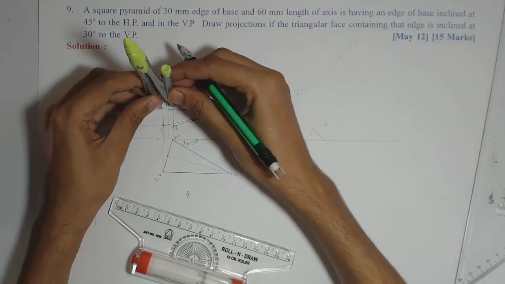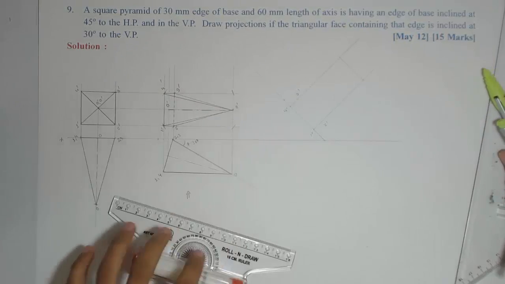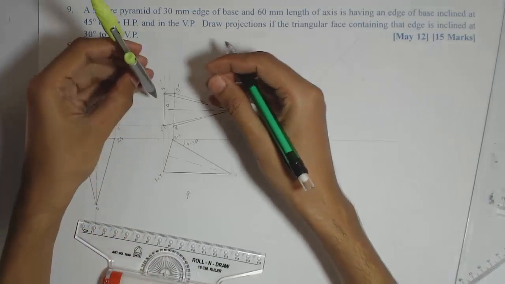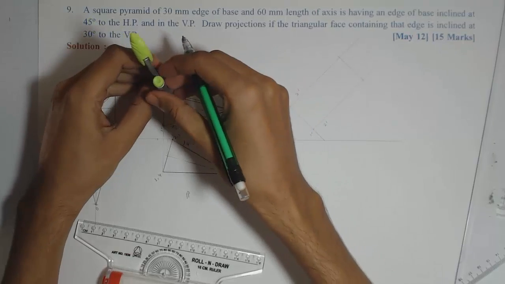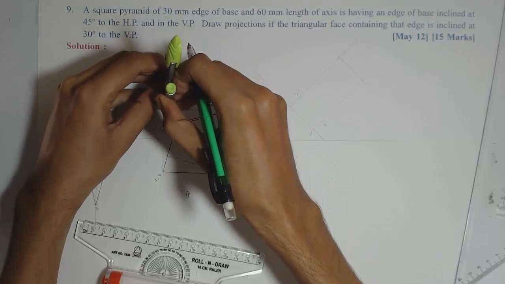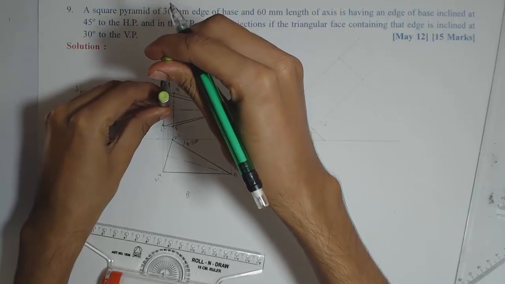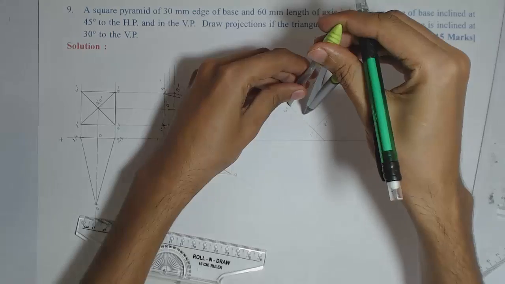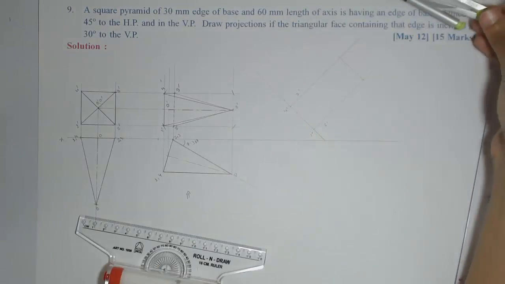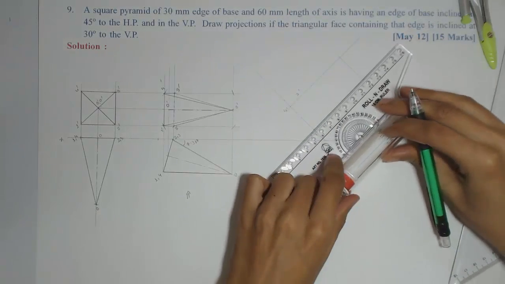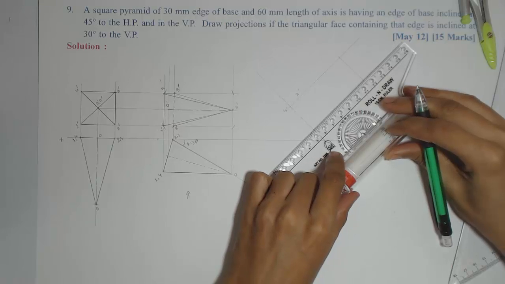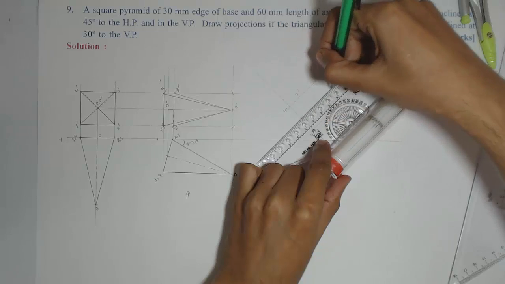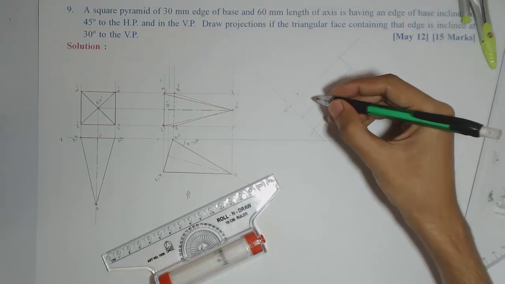Then for marking O dash and O dash O dash, I should first mark the center. That means we need to divide the width of the rectangle. So I'll get the center line here, and on this center line I'll draw a parallel line to the length of the rectangle, and on this center line only we are going to get O dash and O dash.